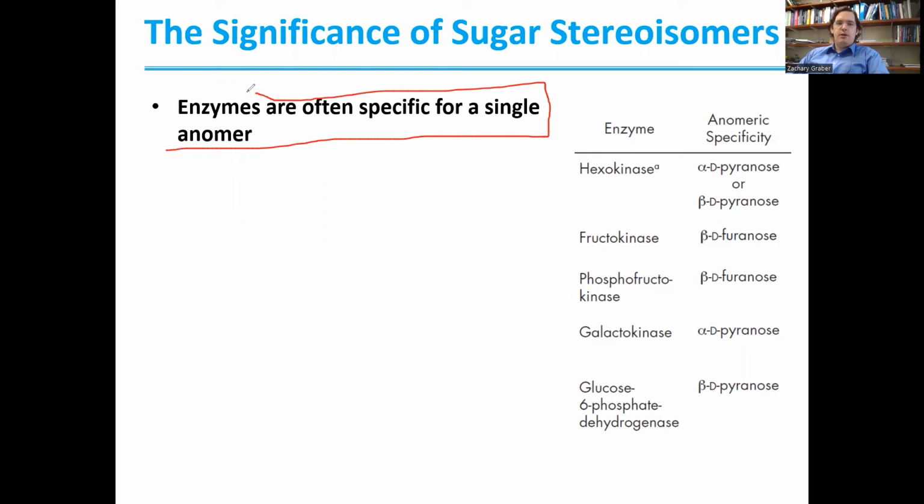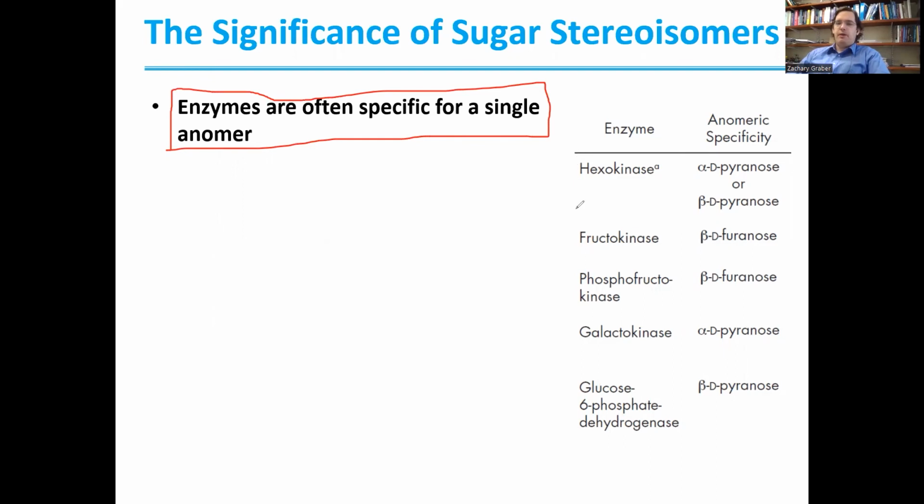Again, of course, we know from our section on enzyme and protein structure that our enzyme will need to have a very specifically shaped binding site in order to fit our sugar. And so if you're switching which side of your ring that hydroxyl group is on, that switches where you're going to be able to form hydrogen bonds, and it can change how well that sugar will bind to our enzyme.